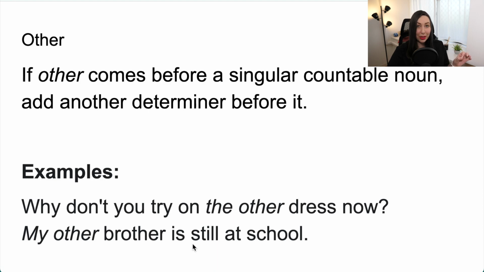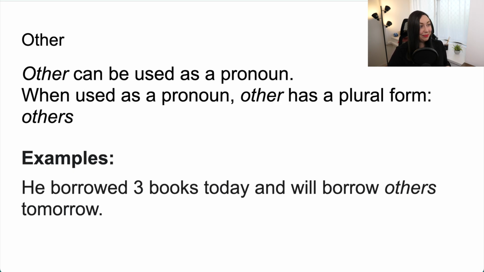We're going to put some kind of determiner in front of other. So in this case, the determiner is my other brother. Okay? If you just say other brother is still at school, this is incorrect English. Okay? We need a determiner. Very good. Let's go on to the next slide.